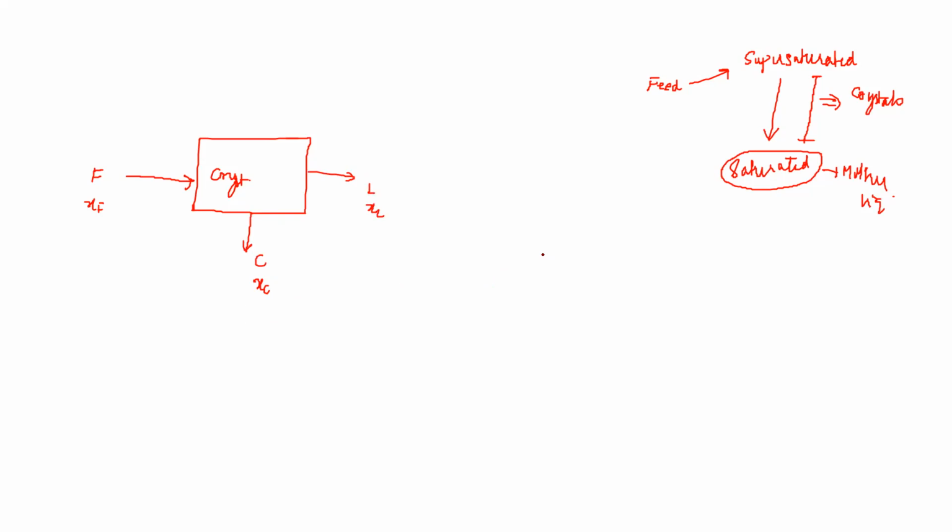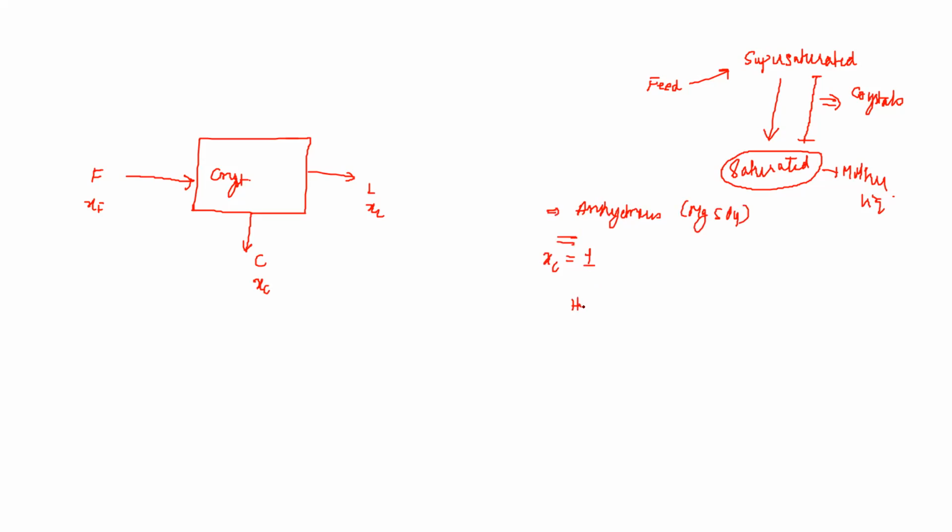Now, in order to calculate XC, if we have an anhydrous crystal, for example, yesterday we discussed magnesium sulfate, then in anhydrous crystals, Xc is always going to be equal to 1.